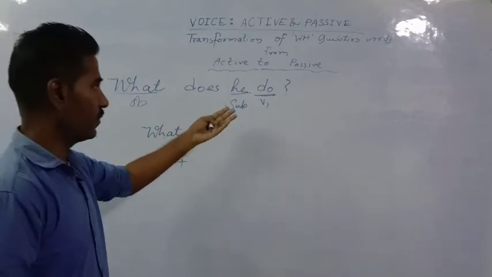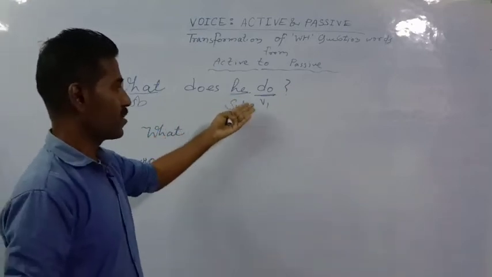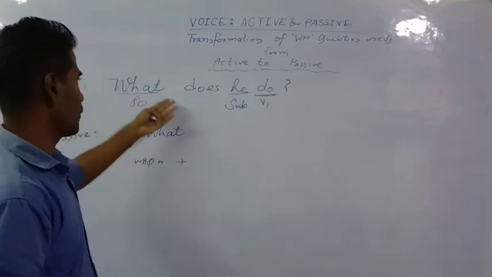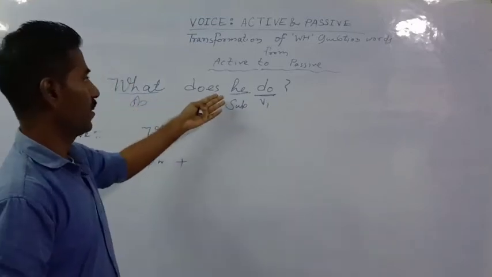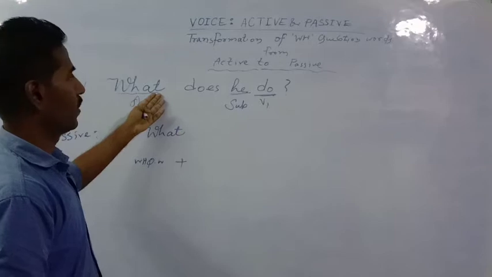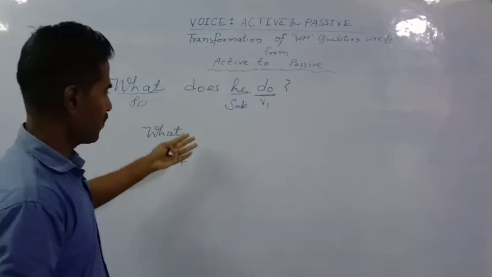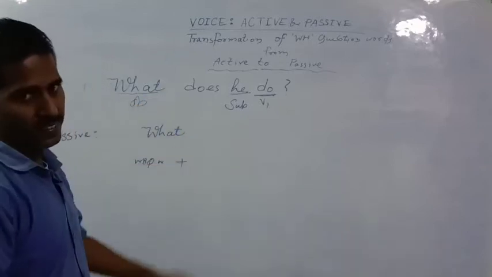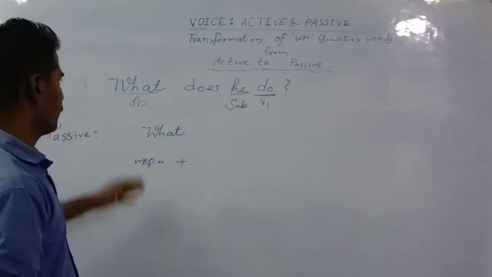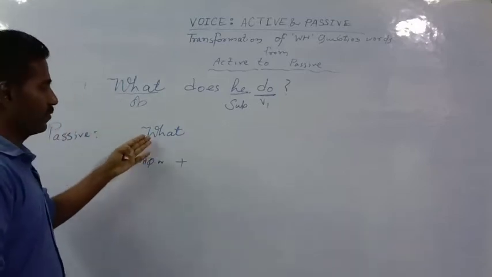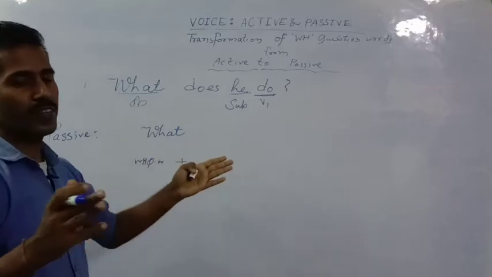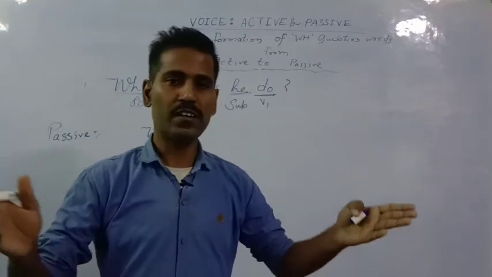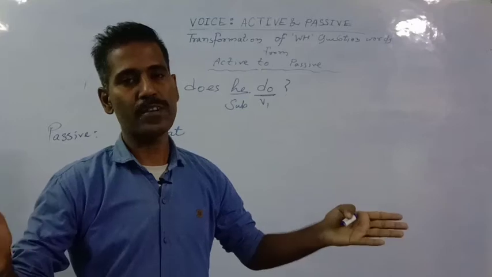Now this he will turn into the object, and this what, which is the object, will turn into the subject. So this what will turn into the subject, and the answer will be, suppose, teaching, swimming, cooking, whatever may be the answer.